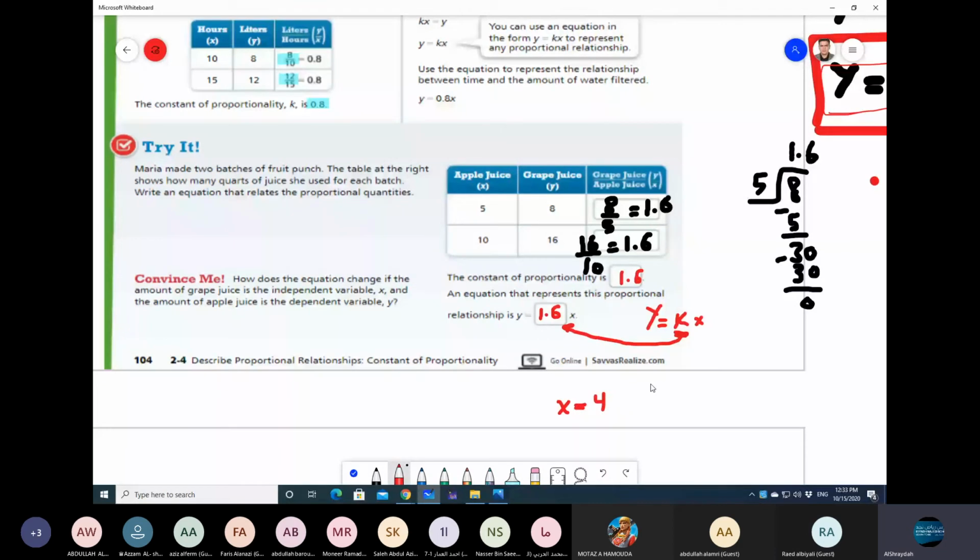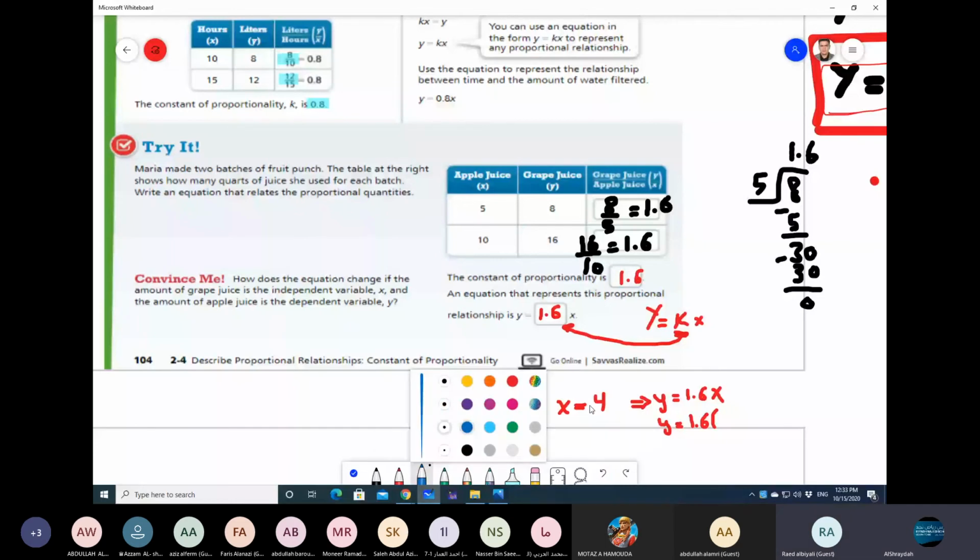You know that y equals 1.6x, and if x is equal to 4, y will equal 1.6 times 4.